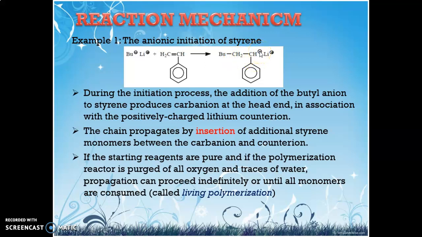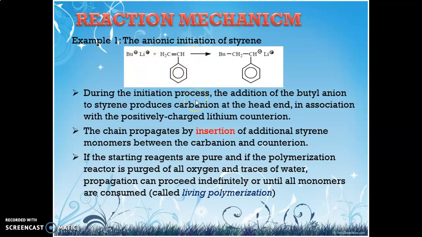Don't leave out the negative carbanion. Okay, so Li will be placed at the end of the reaction with a positive charge. Bu will attach to the monomer while Li will be at the back of the reaction.